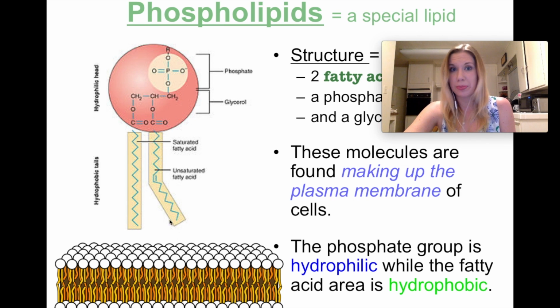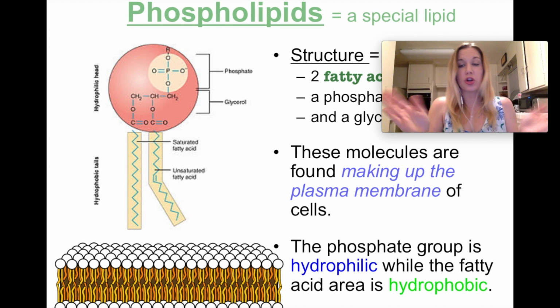Fatty acids are nonpolar, they do not like water, they do not mix. So when you have a bunch of phospholipids next to one another, they're going to turn in to face each other to avoid interacting with the water outside the cell and the water inside the cell.